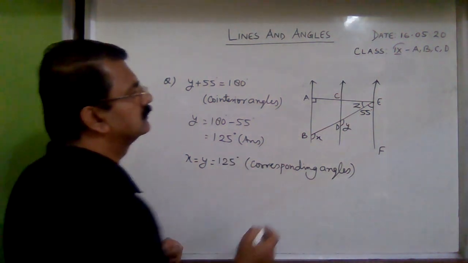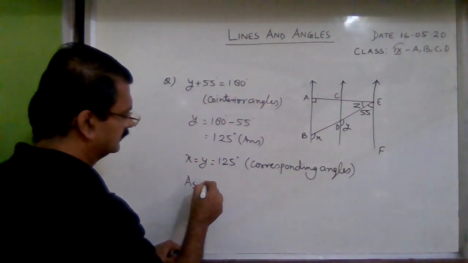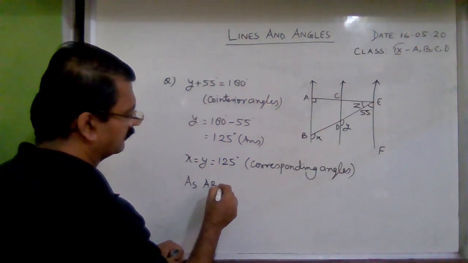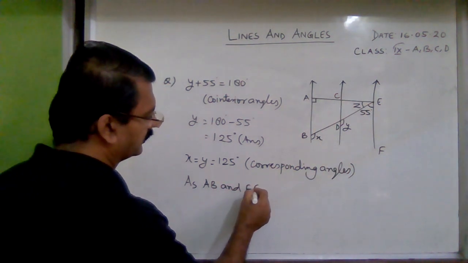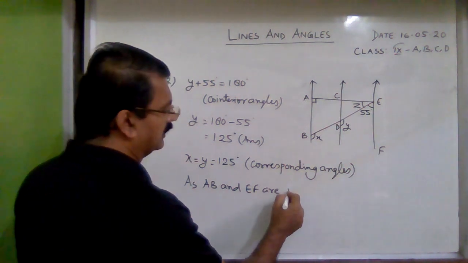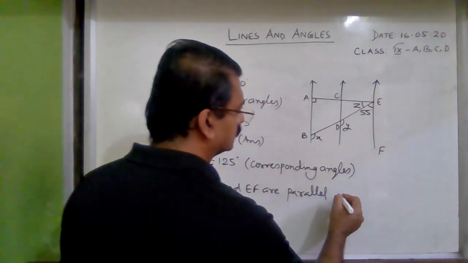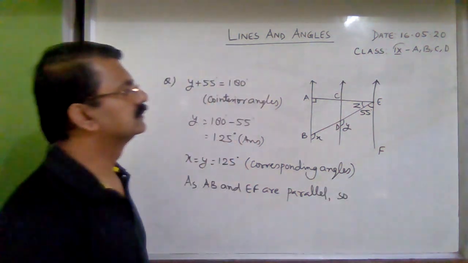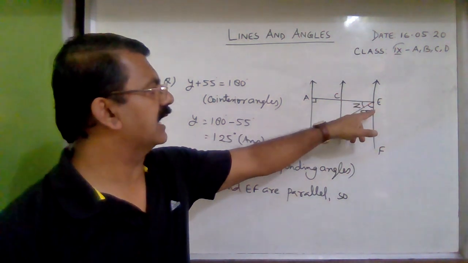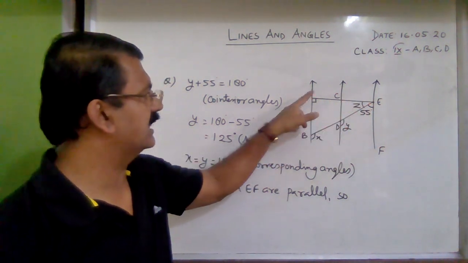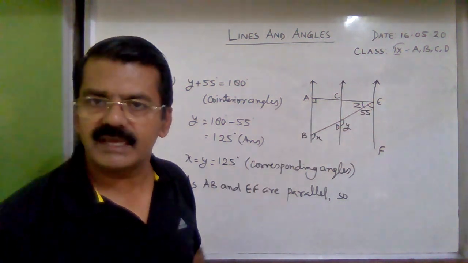Now you see, as AB and EF are parallel, this angle, that is the 90 degrees, and this angle, that is Z plus 55, meaning angle CAB and angle CEF, will be co-interior angles, so their sum must be 180.